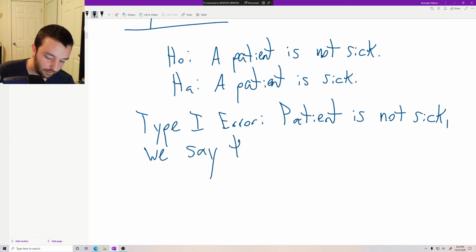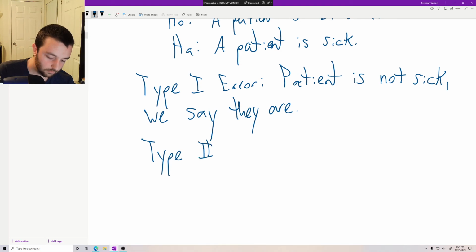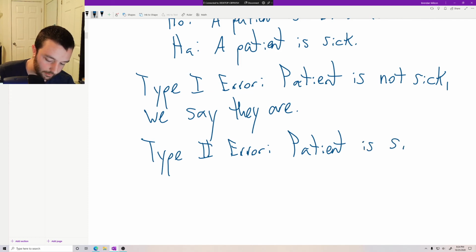We say they are, right? The type 2 error here would be that the patient is sick. We say they are not. Okay.